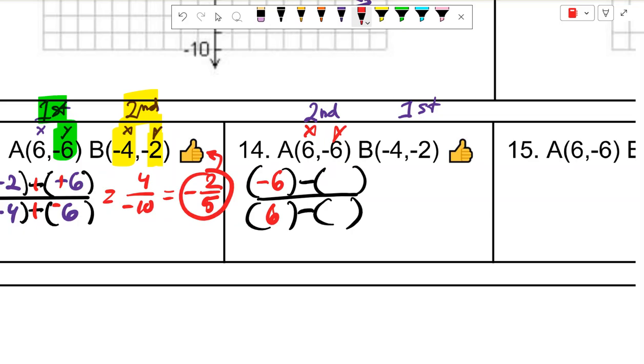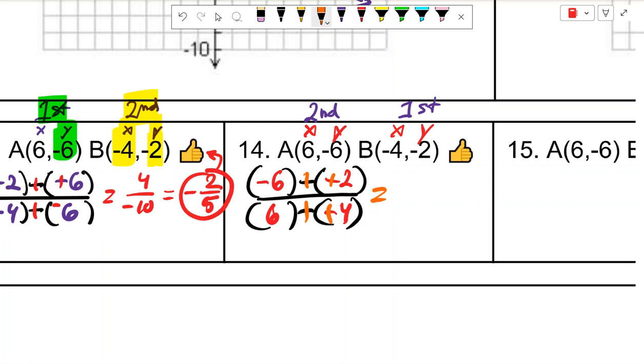Now those change positions from number 13. They're in the front now. And let's put our first numbers in the back. And that's going to be -2 and -4. And we're going to use additive inverse on both.